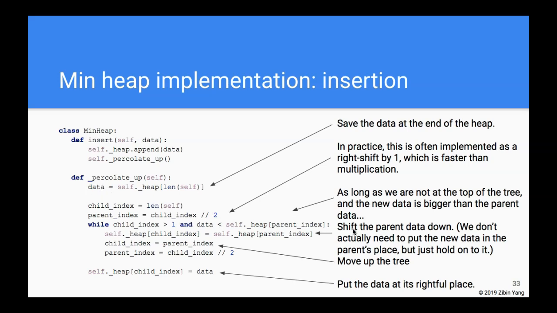So all we have to do is assign the parent's data to the child, and that's it. We just keep moving up the tree, doing the same thing.